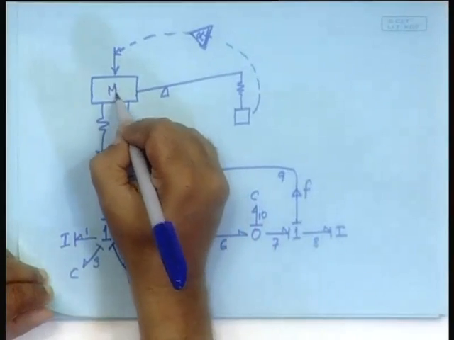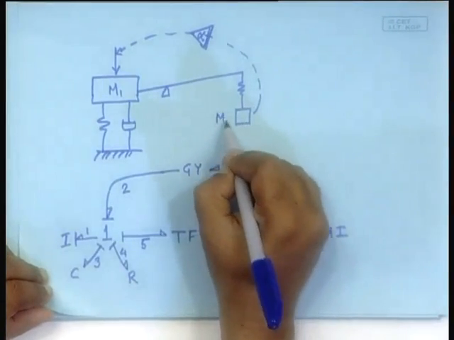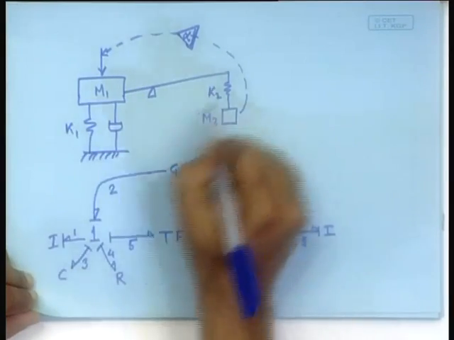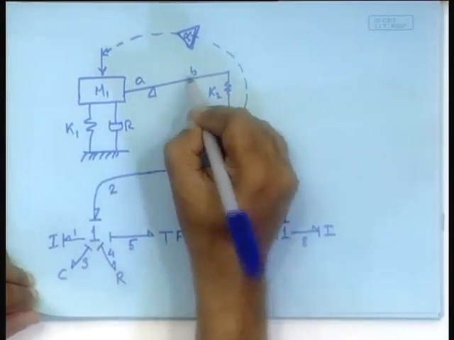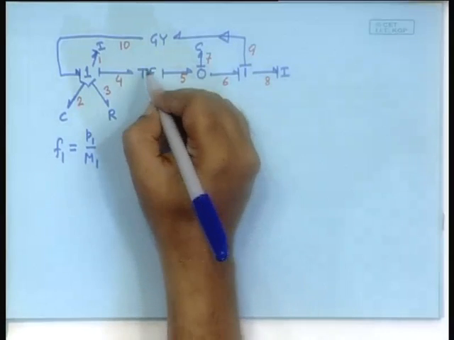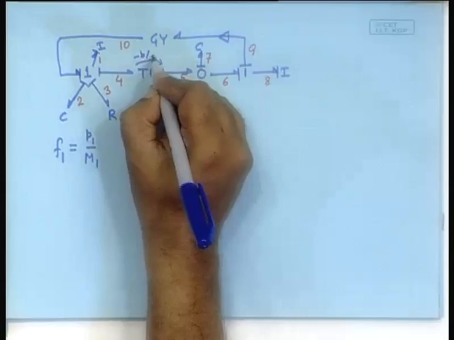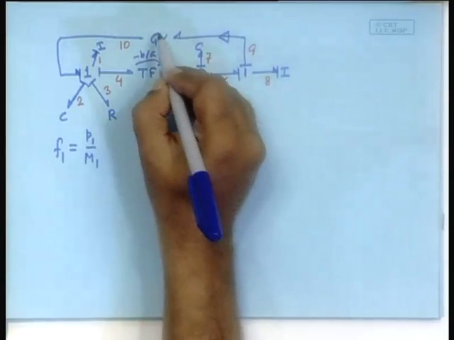This is M1, this is M2, this is K1, this is K2, this is R, this is A, B. So, the transformer ratio is minus B by A, and the gyrator ratio is alpha.